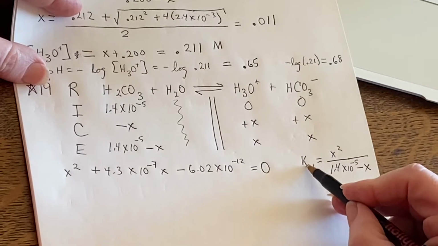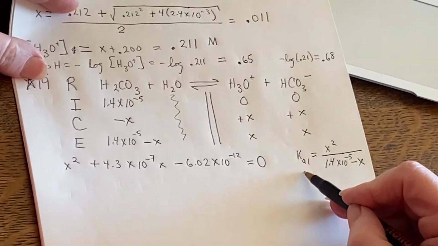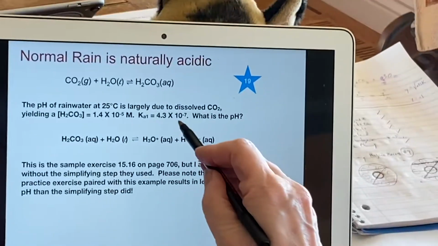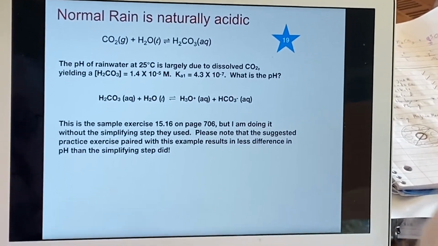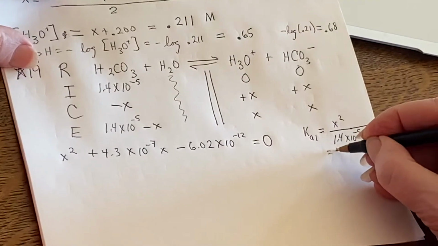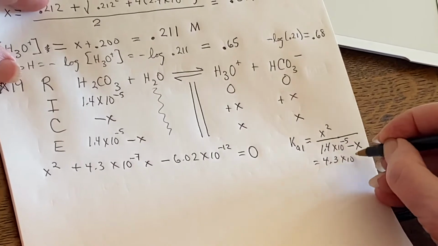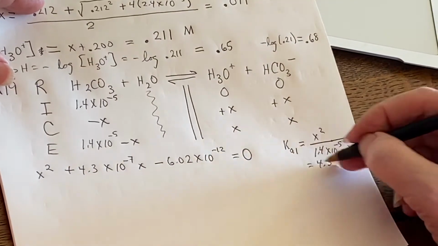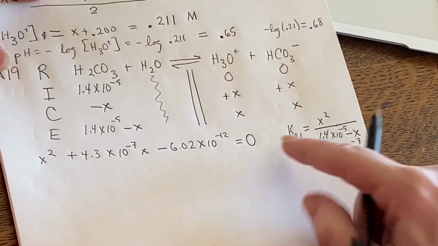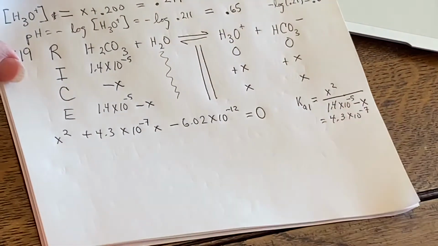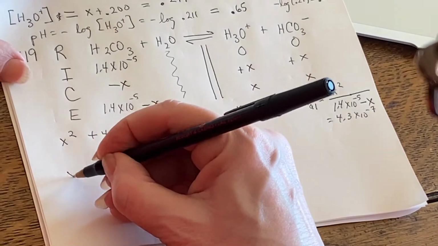And we know what this number is because they gave it to us. It's right there, 4.3 times 10 to the negative 7. Okay? And if you work that around, you're going to end up with this. Then you go back and say, I'm going to use the quadratic formula and figure out what x is.